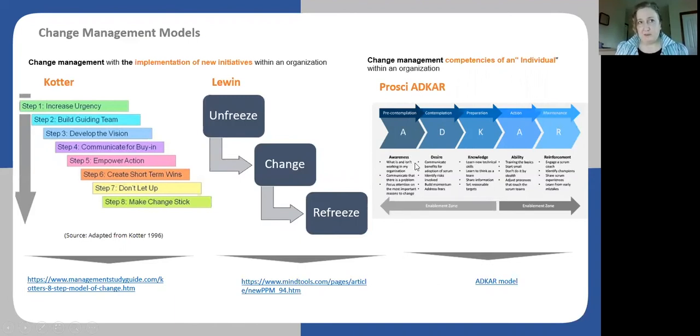We also built, because we are in healthcare, a diagnosis tool. That really was very helpful for people to understand that if you have this symptom, meaning you go back to your usual type of work, what state you are in, and are you in awareness or desire or whatever, and then what type of treatment you need for that: coaching, mentoring, or education and training.